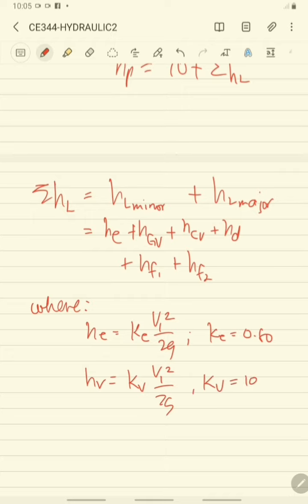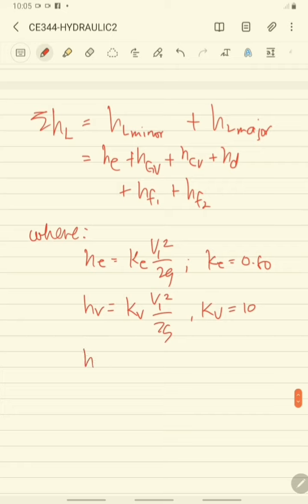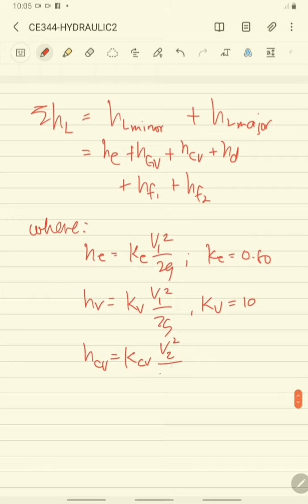So we have 10, then head loss, and this is a check valve, squared. You have to review again the lecture notes, which I will give to you, okay?